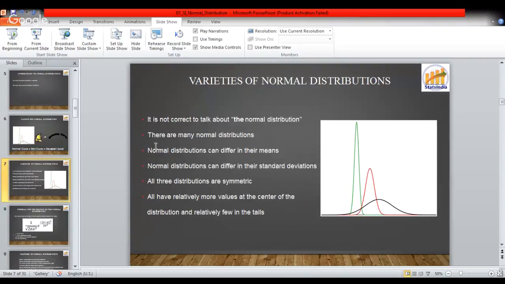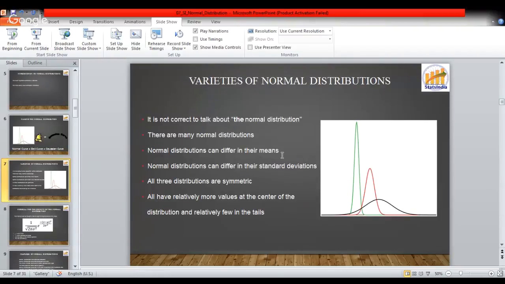So we can say that as many variables as there are, that many normal distributions can be found. But why is it so? Because every variable has a different mean and a different standard deviation, and that is why the shape of the normal distribution of that variable will be different.